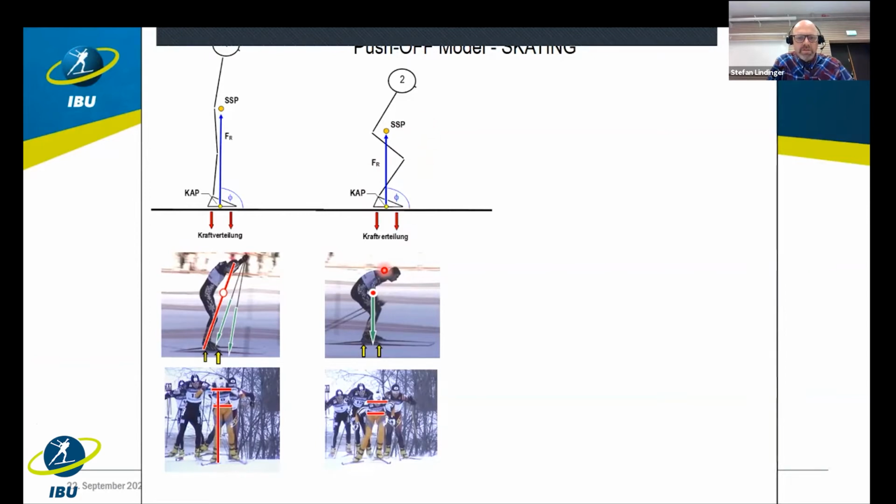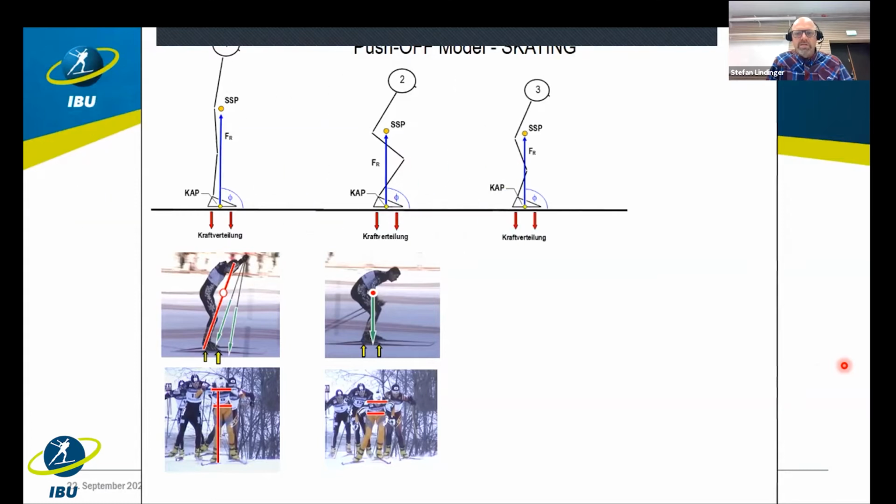That's a very, very important position, where I produce a lot of force on the edge, and where I, so to say, get the grip on the edge. I cannot get that if this is not in a central position. That's very essential. And some skiers are already too much on the toes in that position.